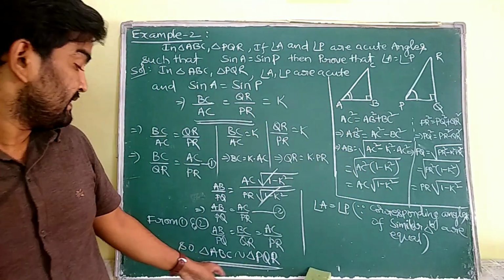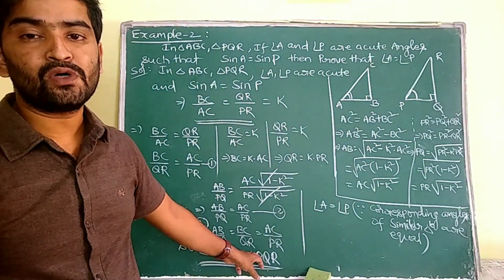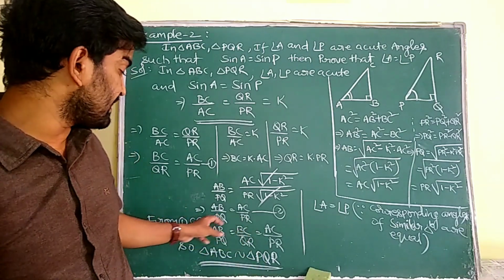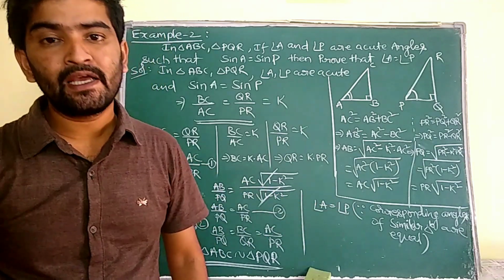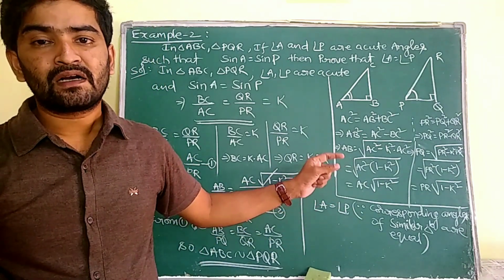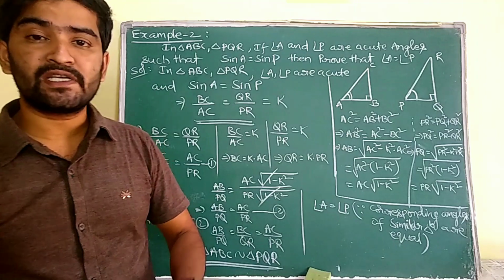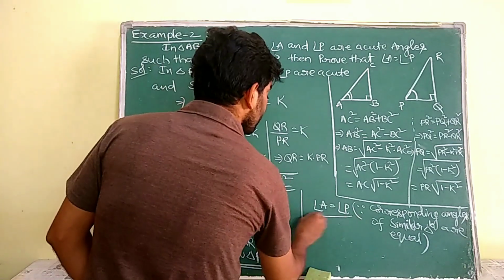Seema, ABC and PQR triangles become similar because the ratios of corresponding sides are equal. Then angle A is equal to angle P because the corresponding angles are equal in similar triangles. Hence proved.